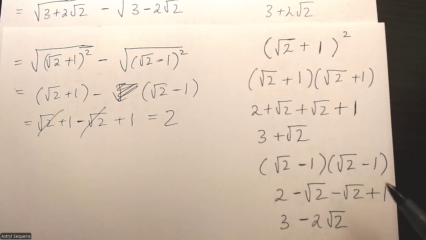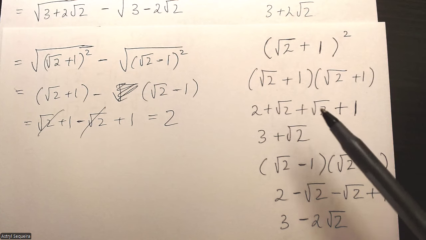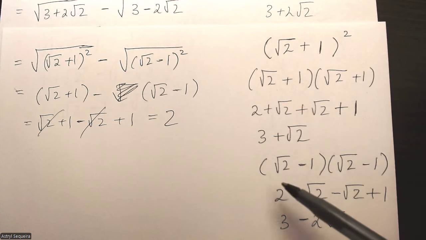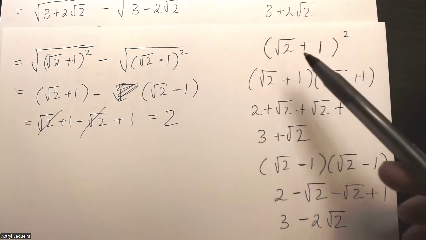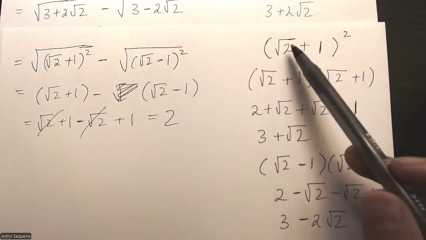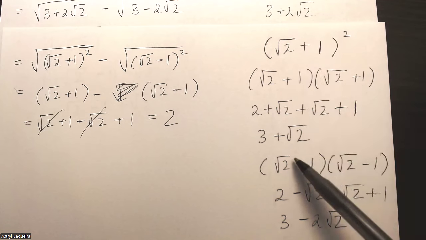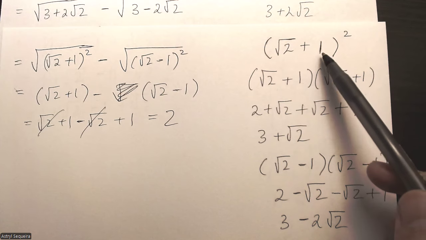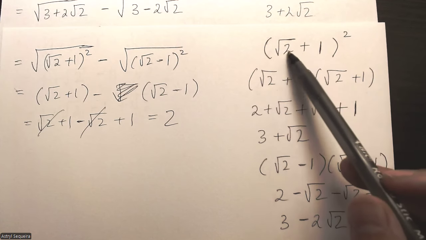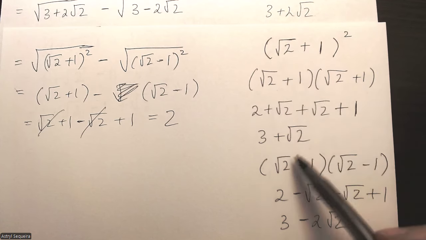Some of the key hints I'll give you with these factoring questions is make sure you put the bigger numbers at the start of each perfect squared bracket. For example, root 2 is larger than 1. So that's why you want to put root 2 first. Generally speaking, you want to put the larger numbers first.